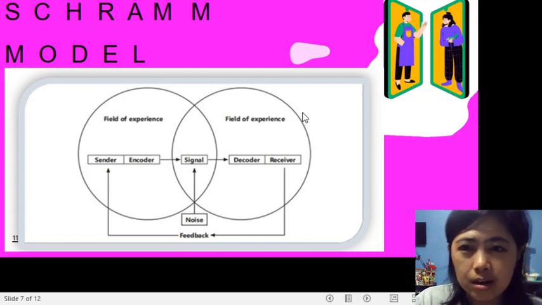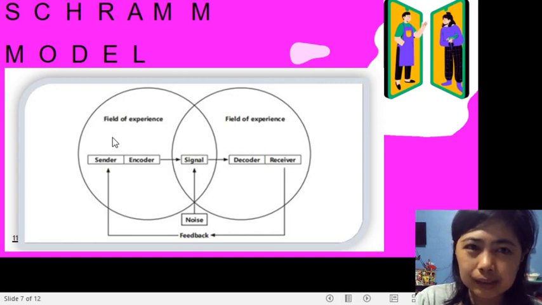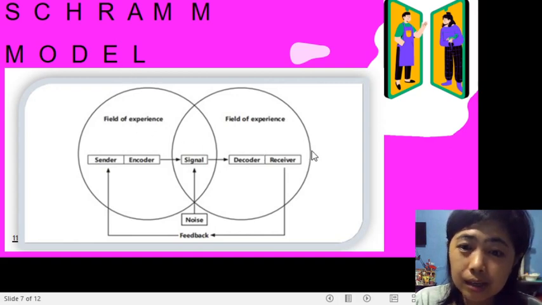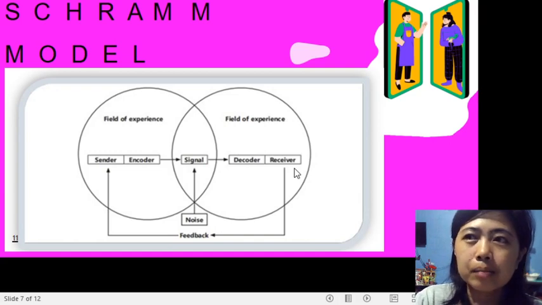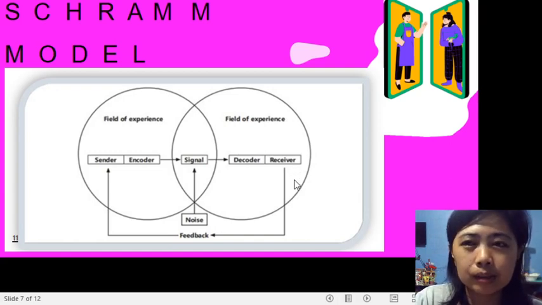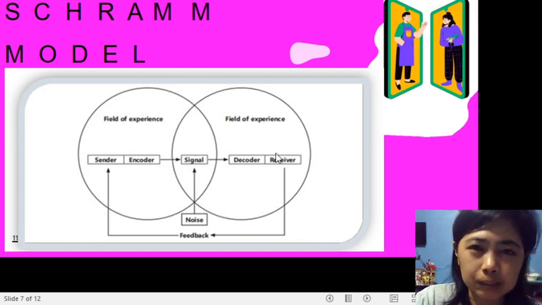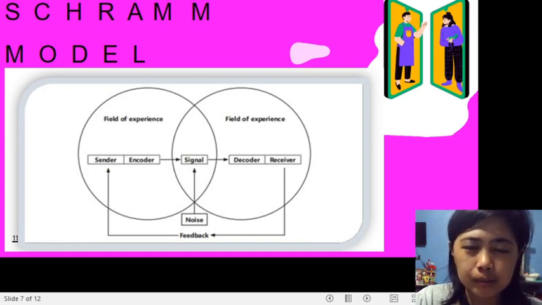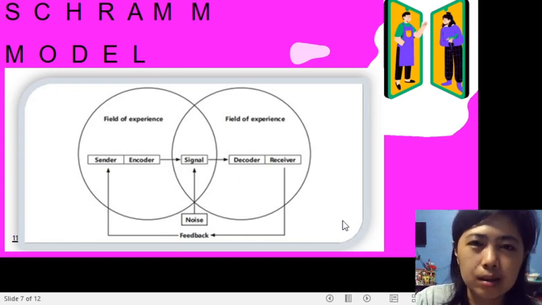So wherever they are, they know how they can best deliver the message. And the receiver can best reply to the best of his ability, because they are both experts in their environment or the context where they are.